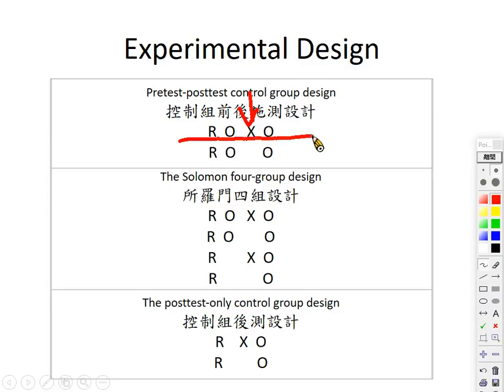So before you have the treatment on the experiment group, you take a test, the so-called pre-test. And you implement the treatment. Then after you finish the treatment, you have another test we call post-test. Pre and post, before and after, right? So this is a pre-test, post-test control group design.